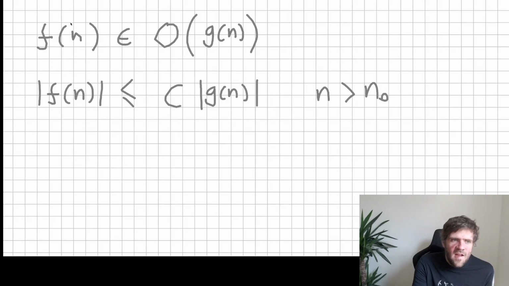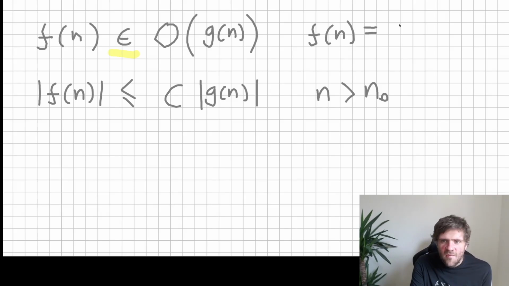Now I should point out that even though really we should have something like this as the symbol, typically we abuse notation a bit and say that f of n is equal to O of g of n in these cases. So that is just something to get used to.